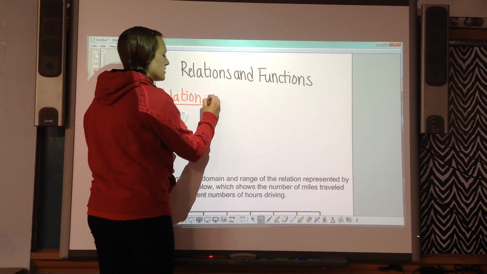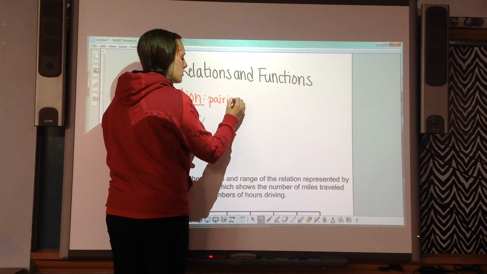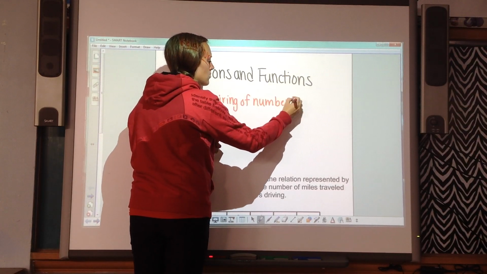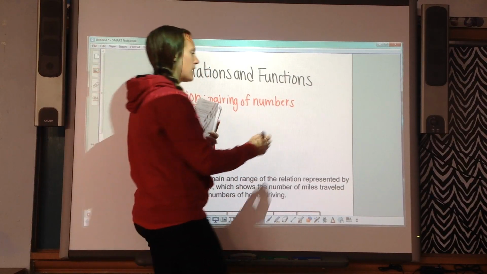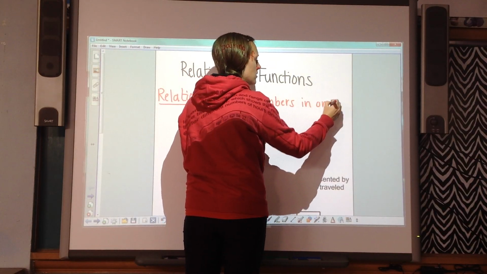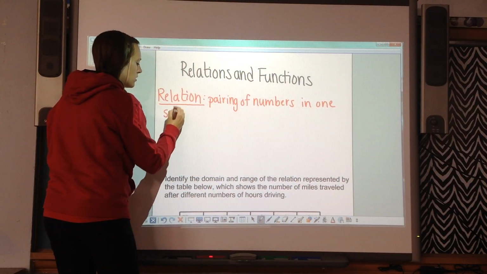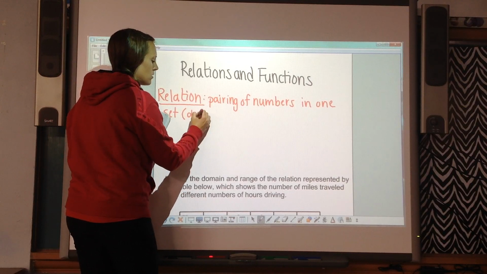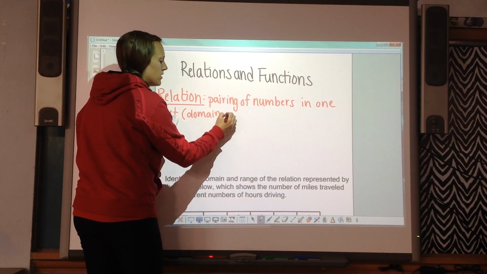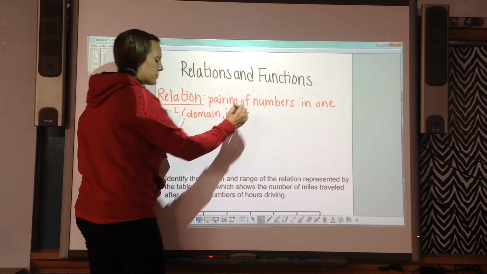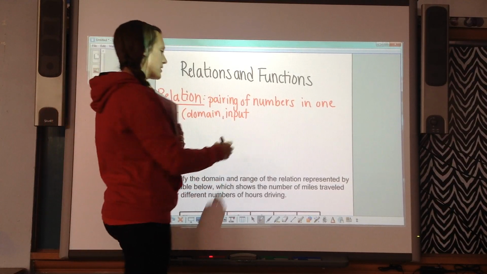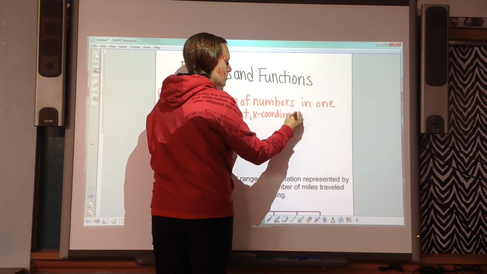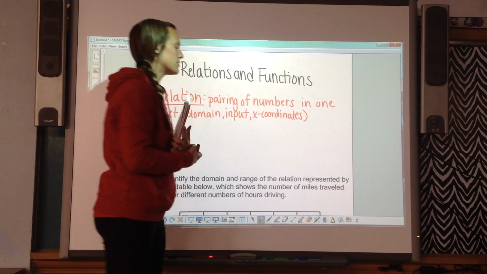So a pairing of numbers in one set, and that first set is called the domain, or the input, or the x-coordinates. Okay, so that's the first set.